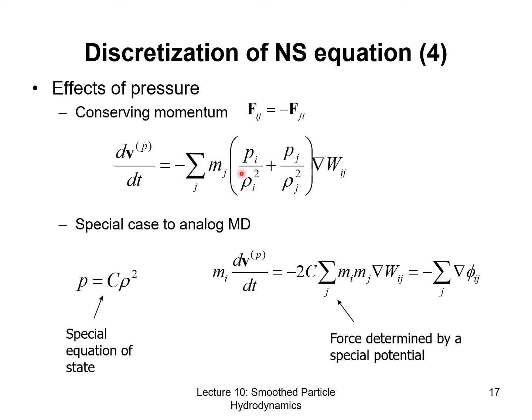The pressure terms do not change, but the kernel gradient changes sign if you switch i and j. So for each pair of particles, we have a force and a reverse force equal to each other with opposite sign.